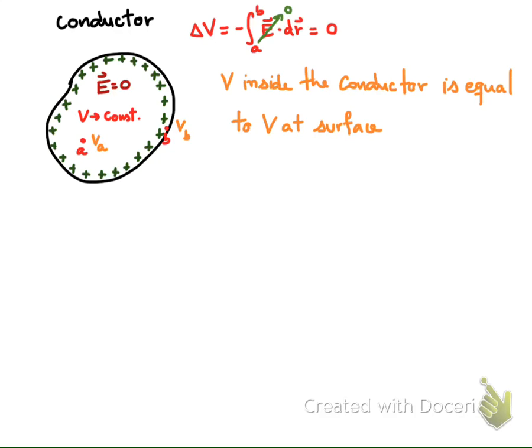You can see that the potential inside the conductor is equal to the potential at the surface.